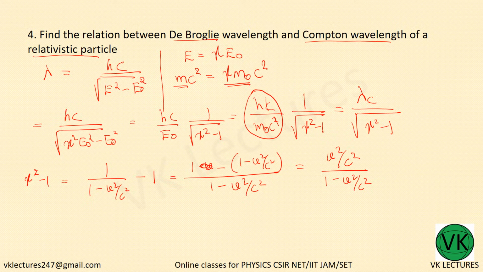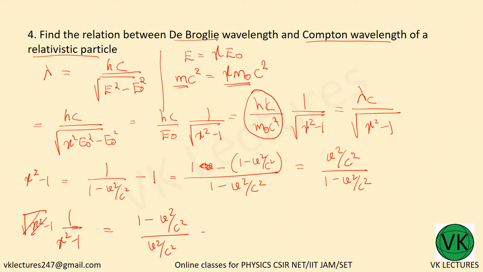So under root, what is under root gamma square minus 1? Or let us write down 1 divided by gamma square minus 1. So what is 1 divided by gamma square minus 1? That will be equal to 1 minus v square by c square divided by v square by c square.